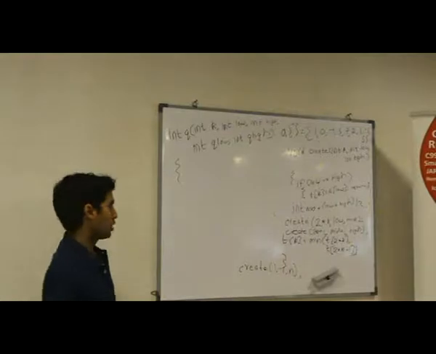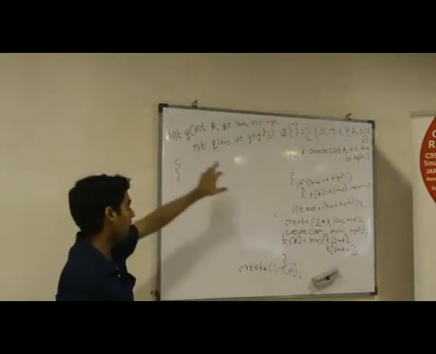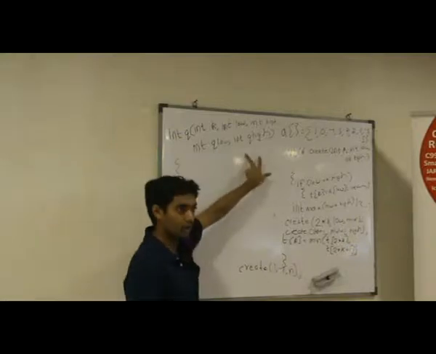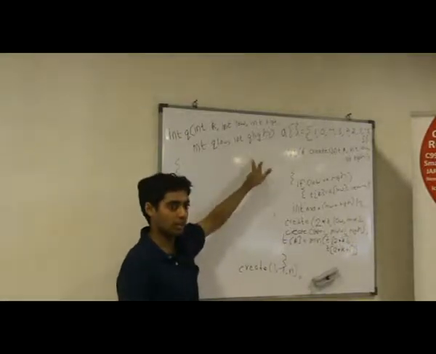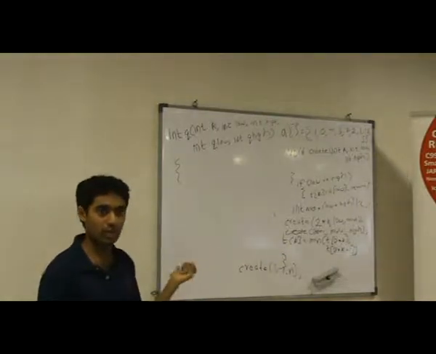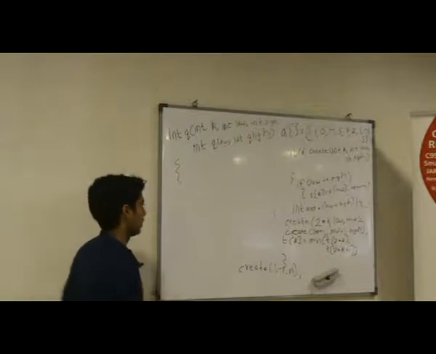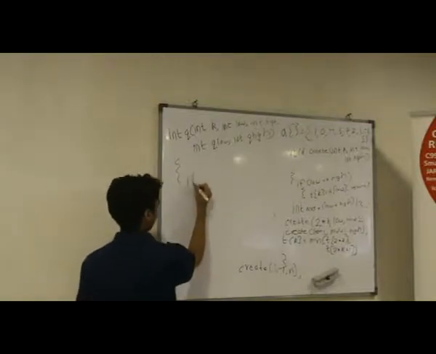First, the base condition: if your range low and high is completely inside the range q low and q high, then you know that you don't need to break it further. You can just return t of k as the value. So when does that happen?